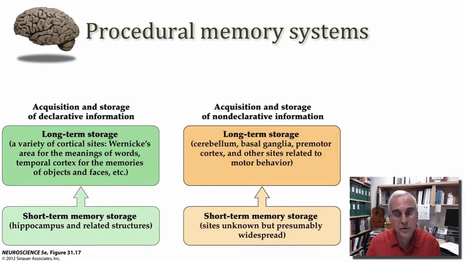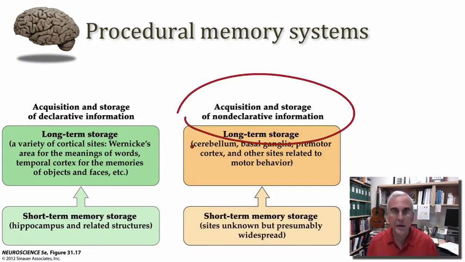So the important point that I want you to be able to understand is that when it comes to non-declarative memory, to procedural memory, these forms of memory are dependent upon entirely different brain systems than are those that are responsible for the acquisition, storage, and recall of declarative memory.